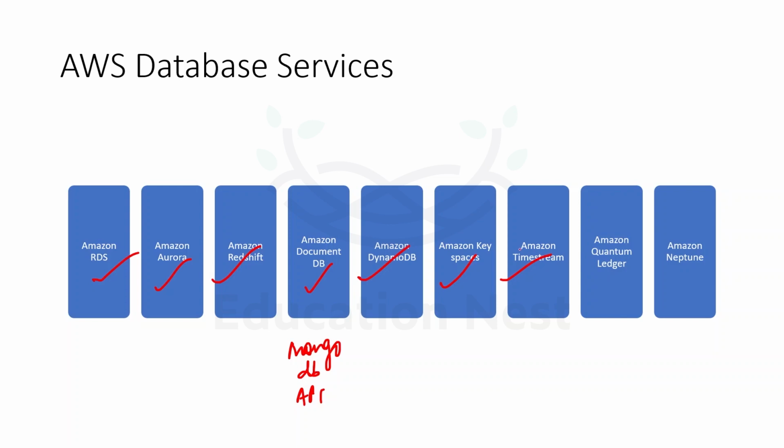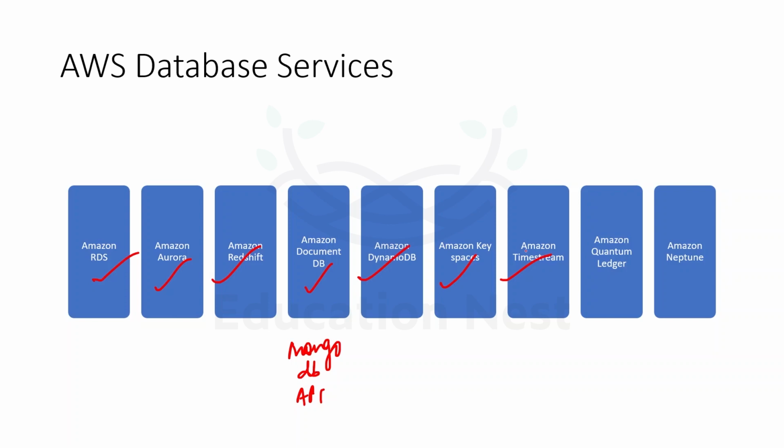It provides automatic data retention policies, time series data compression, and query optimization to reduce the storage cost as well as to improve the query performance. It also provides a SQL-like query language to query our data, and you can query your data in real time. So this was all about Timestream.